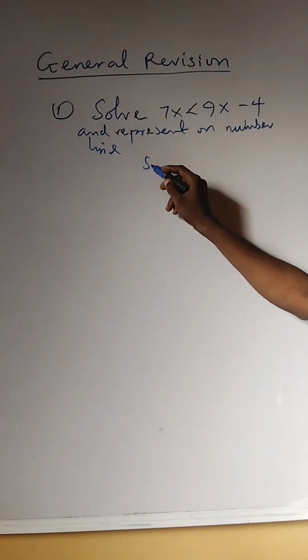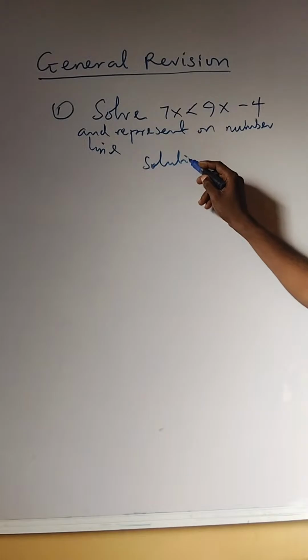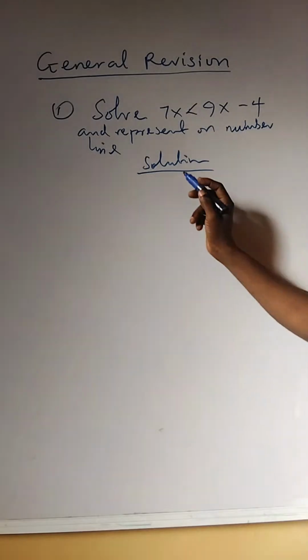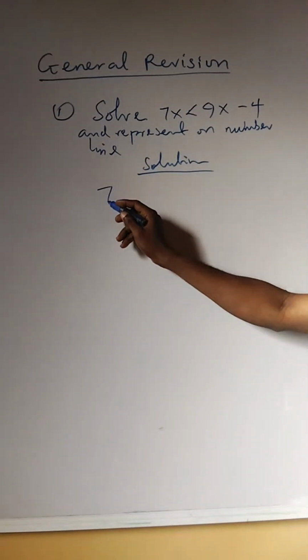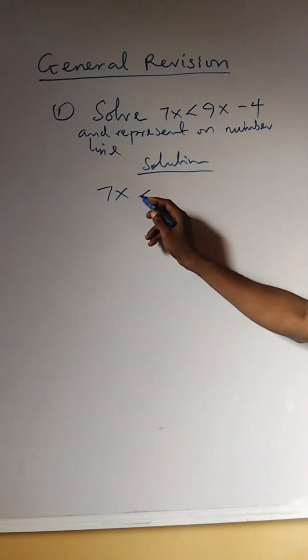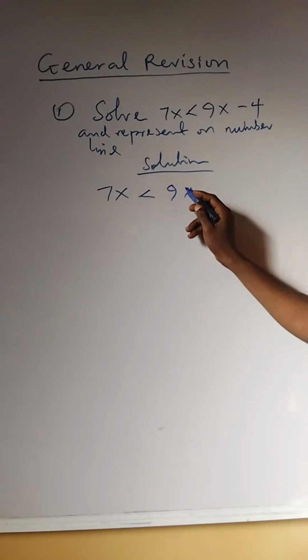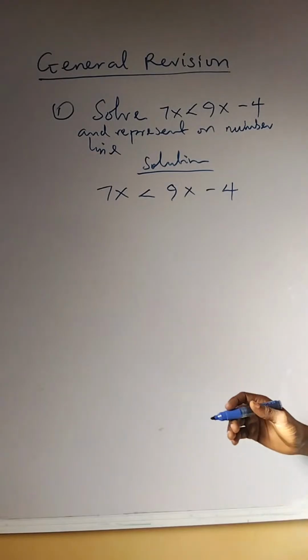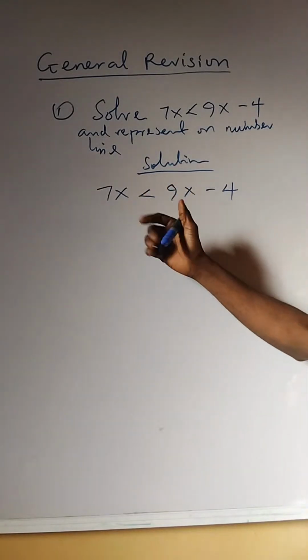So let's look at the solution. This is a simple inequality. The same way we handle a simple equation is what we do here. We just have to collect like terms. We have 7x less than 9x minus 4. So when we collect like terms, we can take 9x to the other side.